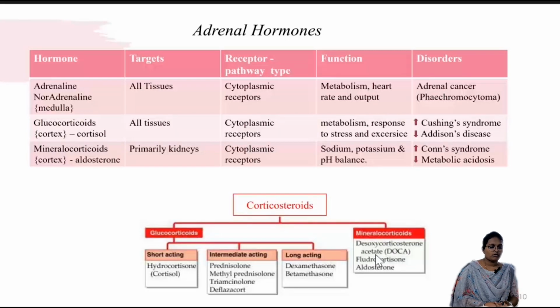Mainly the disorders formed by glucocorticoids and mineralocorticoids are very frequently asked questions, and the drugs used in place of corticosteroids are mentioned here. And coming to the disorders, like phaeochromocytoma, it is an adrenal cancer. You can see that in ANS too, about those adrenal receptors and stuff.